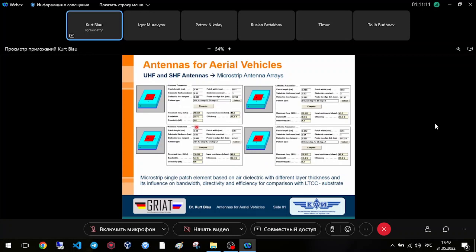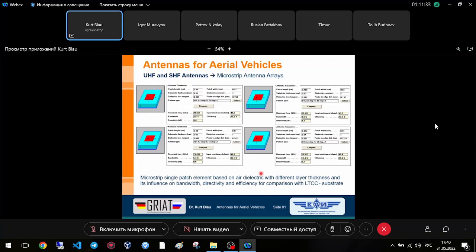This is what I want to show. Again, if you use a patch element with high permittivity as a substrate, the element can be realized very small, it's clear, but the directivity drops, it's not so high. And also the bandwidth is smaller.